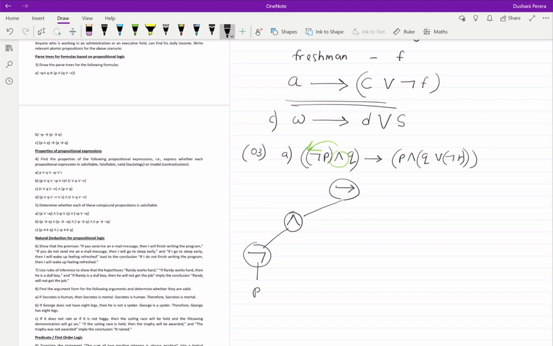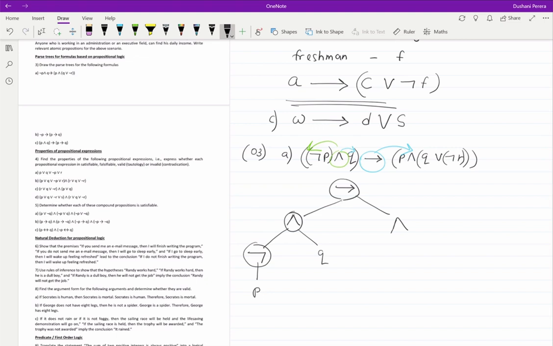And then towards the right hand side of this AND sign we have Q, which is the atomic proposition. So the leaf nodes of this tree will always have atomic propositions. And then let's come to the right hand side of the implication. In the right hand side we first encounter the AND operation.